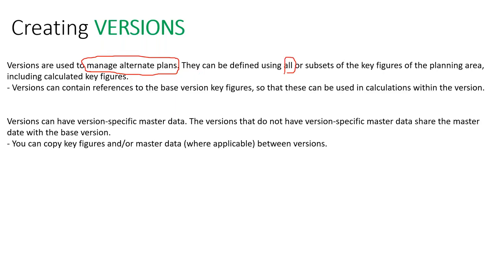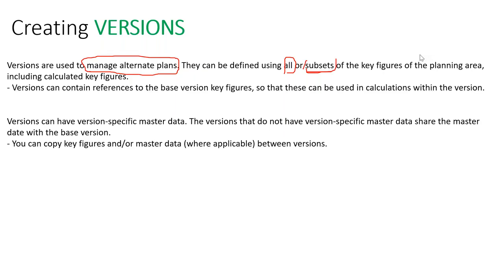using all key figures or a subset. Usually it is a subset. Why? Because the prerequisite is basically to select key figures for the specific version first, right? Yes. So it depends upon what the priority is, what the purpose of this version is.